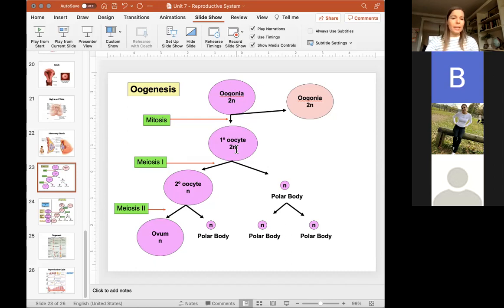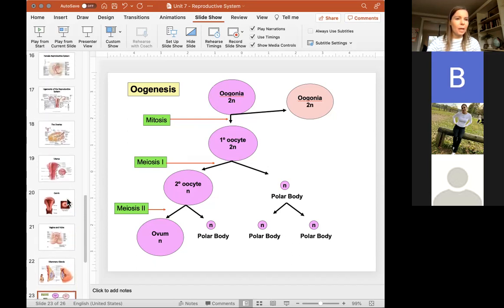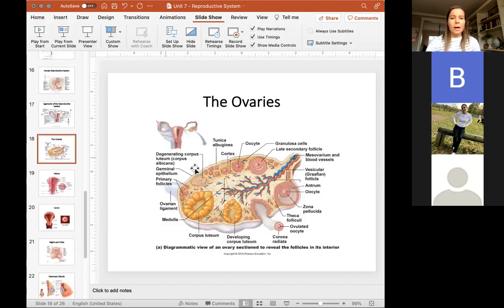And just so you can get an idea of what an oocyte is, I'm looking to see if I have a picture. Here we go. So the oocytes are actually the egg cell. If you look, it's difficult to see, but right here, if you're looking at the PowerPoint, there is a circle in the middle, pretty small, and then all these tiny cells surrounding the outside of that little circle.